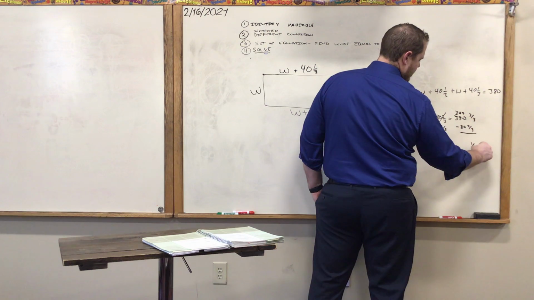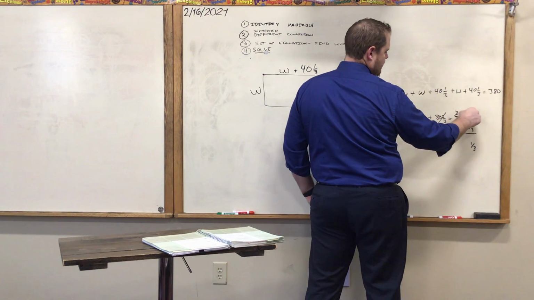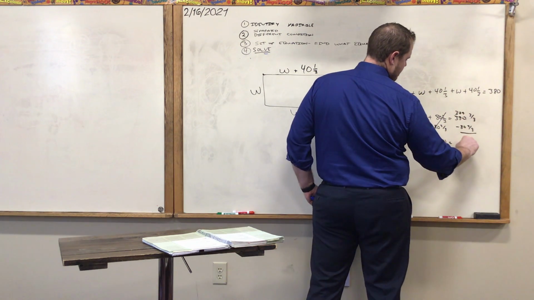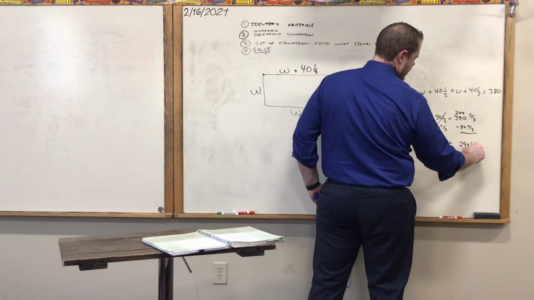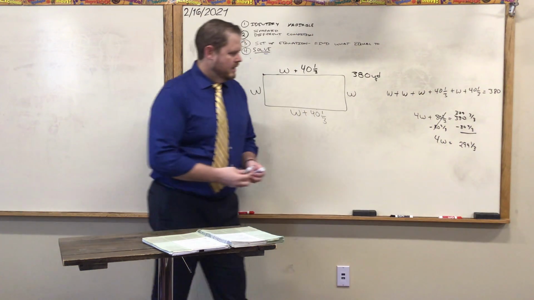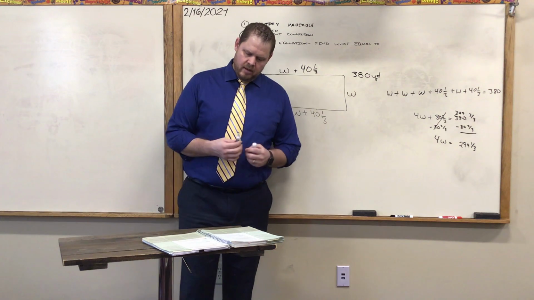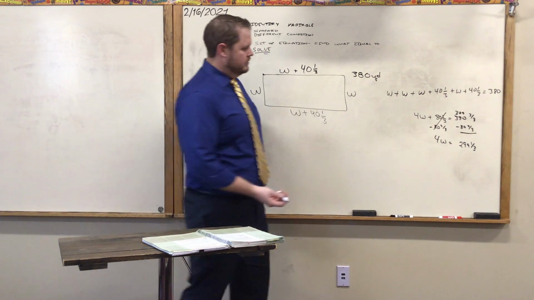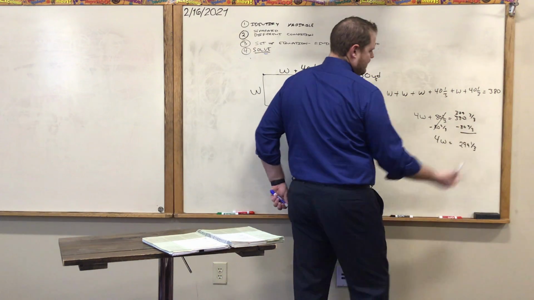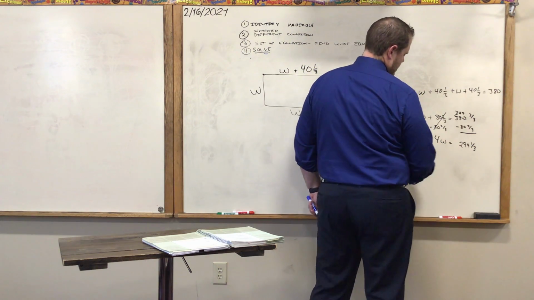So what am I left with? 1/3 and 379 minus 80 is going to give me 299 and 1/3. Okay, now what do I do? Well, we're going to divide by 4 both sides, right? When I divide by 4 both sides, I'm going to get my answer, okay?